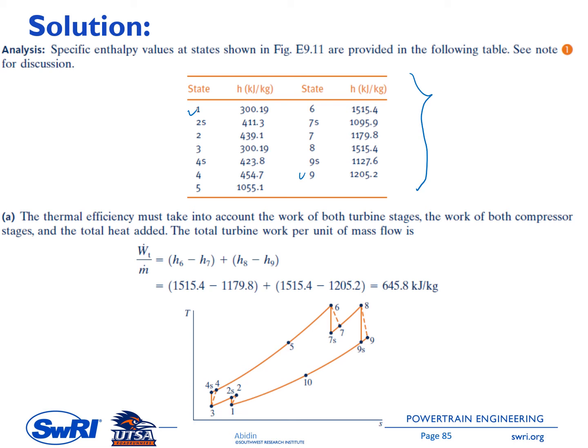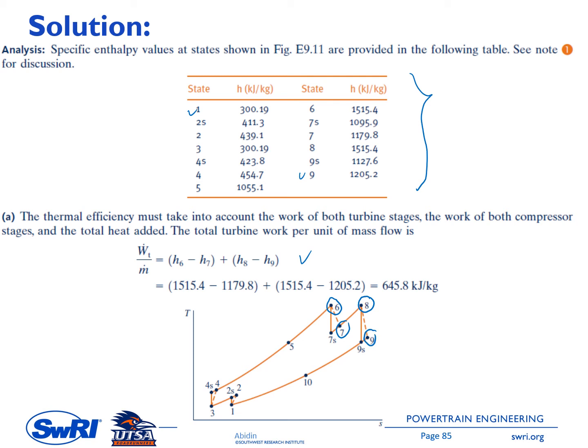I believe the first question is the thermal efficiency. The first step is to calculate the turbine power. We have two turbines. The turbine power per unit of mass flowing from the first turbine is H6 minus H7, and from the second turbine it is H8 minus H9.